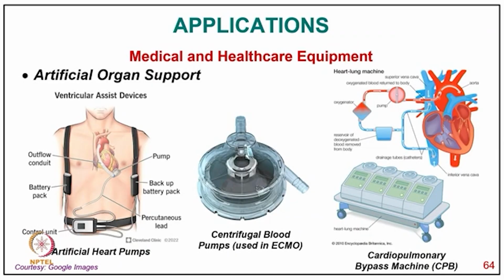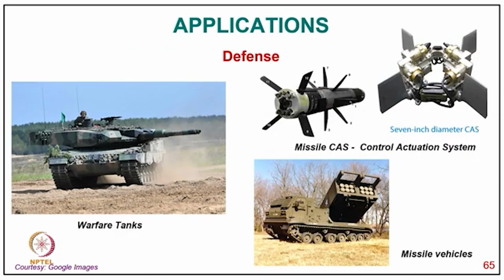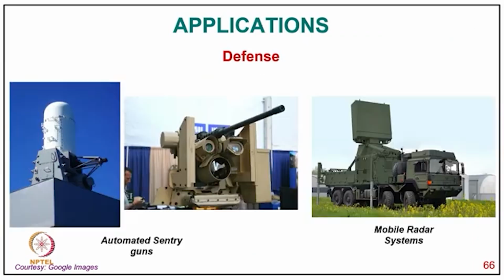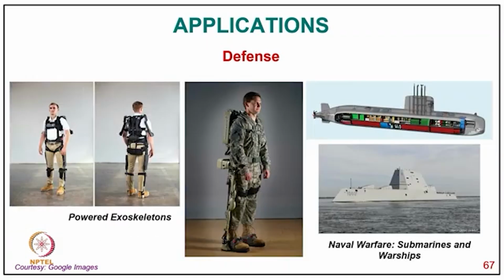Then your artificial organ, vascular assist devices, centrifugal blood pumps, and cardiopulmonary bypass machine. Then your warfare tanks, then missile control actuation system, missile vehicles, and then the automated sentry guns, then mobile radar system in defense, that power external and naval warfare submarines and warships.